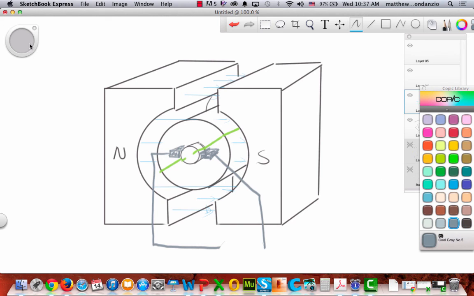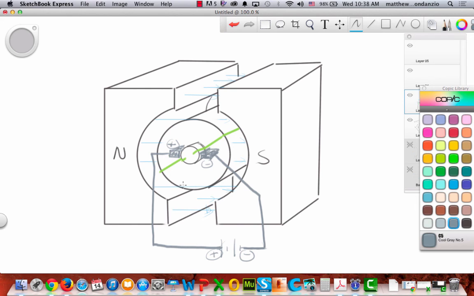Like this, right? So what side is over here, guys? What is this thing right here? What's this side here? So positive here, negative here.